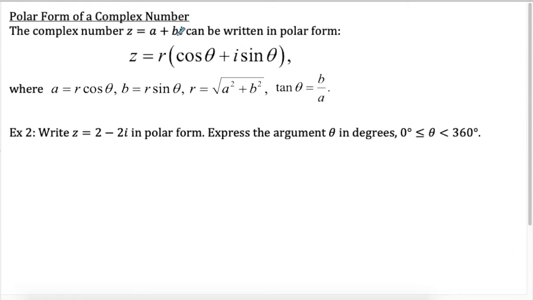B, the imaginary portion, is equal to r times the sine of theta. R is the square root of a squared plus b squared, and tangent of theta is b over a. So if I want to convert a complex number in rectangular form into polar form, there are two things I need to do: I need to find r, and I need to find theta.